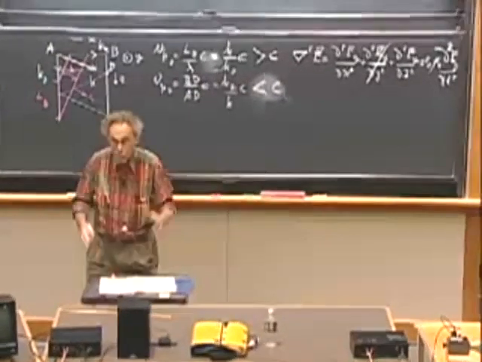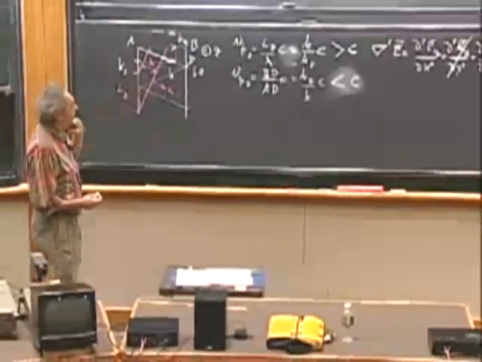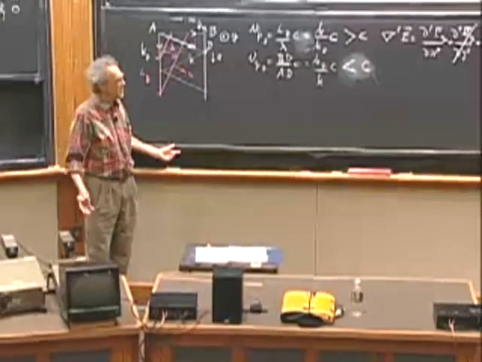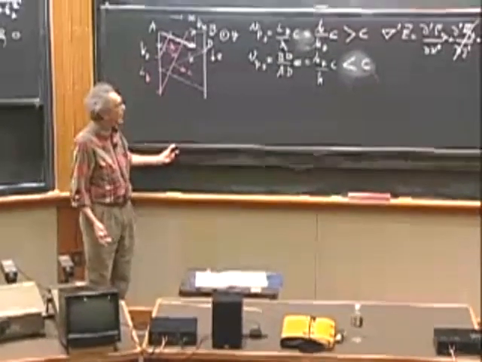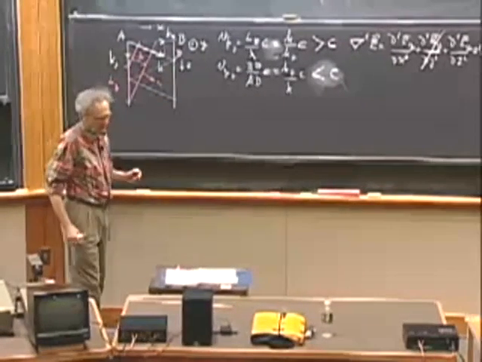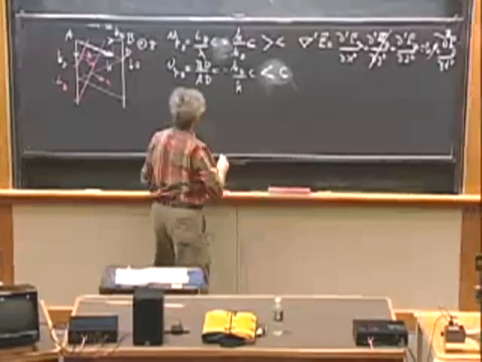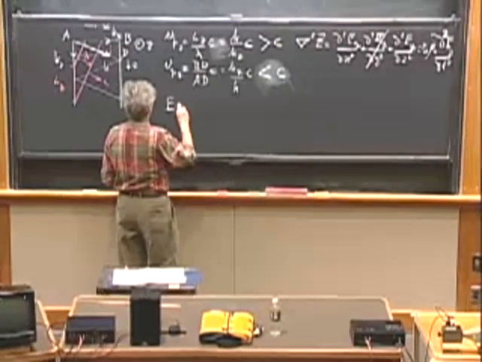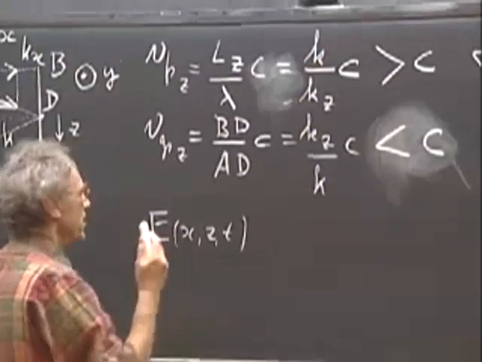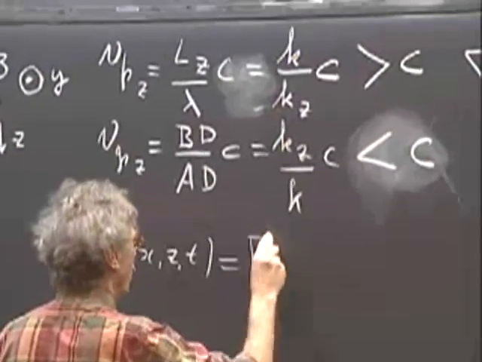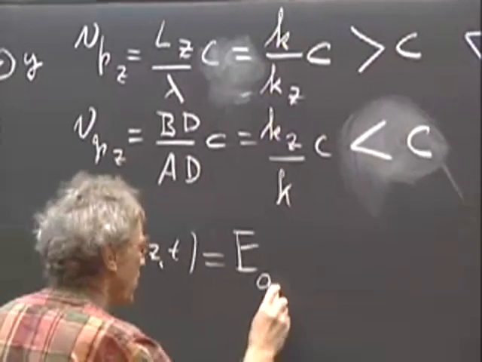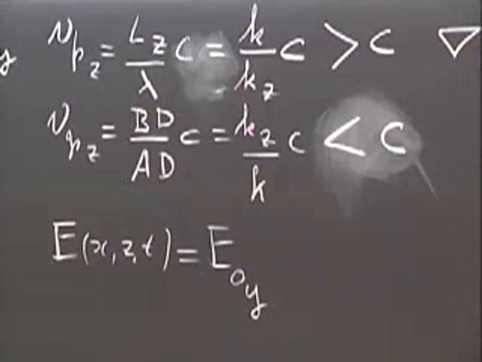So the solution for the wave that goes from here to here immediately presents itself because we have a lot of experience now. It's going to be a standing wave in the x direction and it's going to be a traveling wave in the z direction. So E, as a function of x, z, and t, because E itself is not a function of y, is then some amplitude E0. To remind you that it's only in the y direction, I'll put a y there.